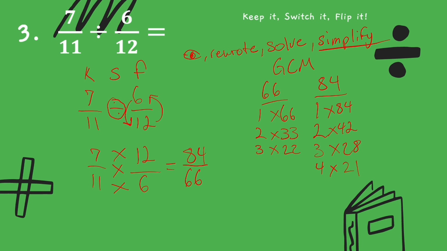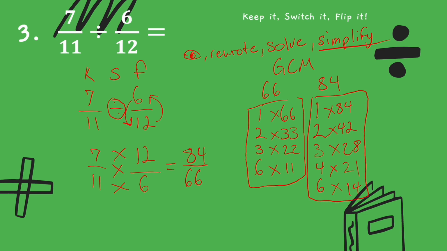66 does not have a 5, neither does 84, so we're going to move on to multiples of 6. For 66, I know that we can do 6 times 11, and we can do 6 times 14. Now I can see that we have some like numbers, and so we're going to close off those boxes.